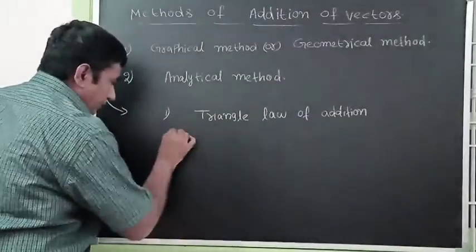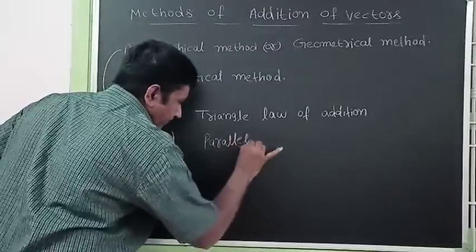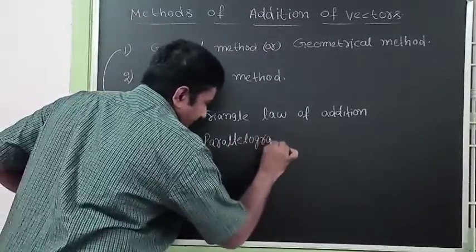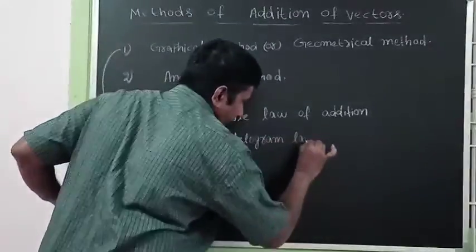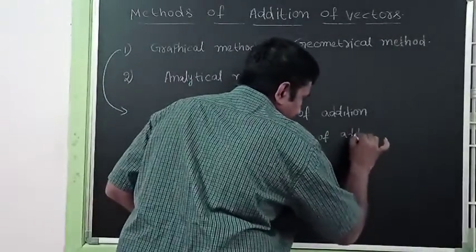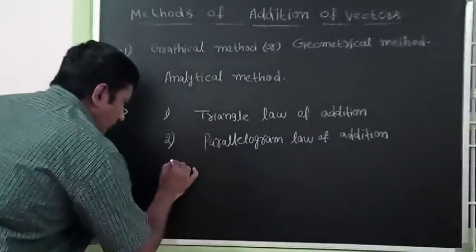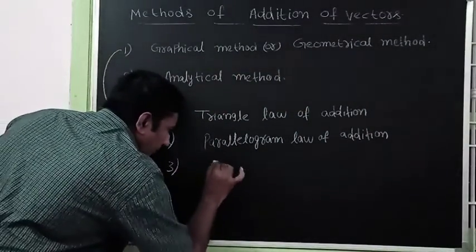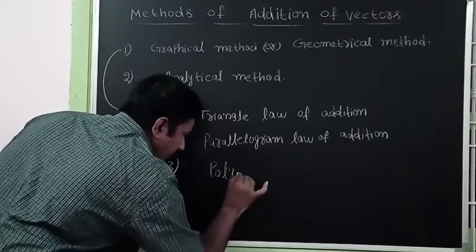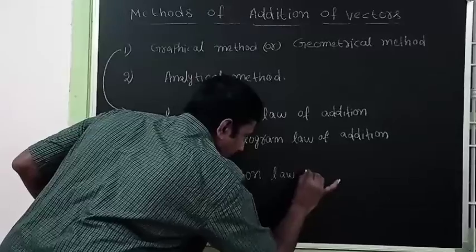The second one is the parallelogram law of addition. And the third one is the polygon law of addition.